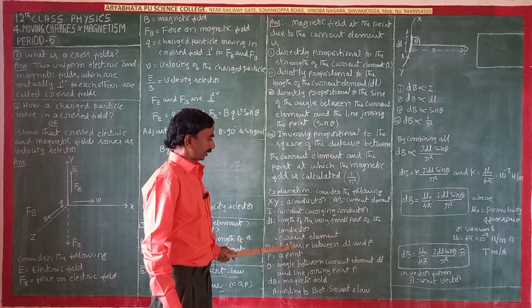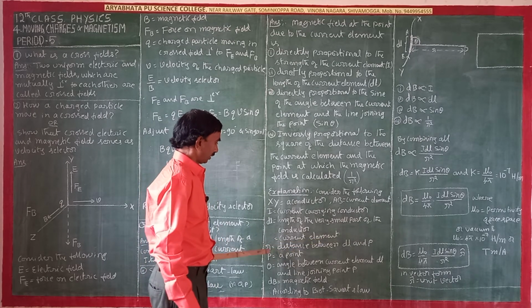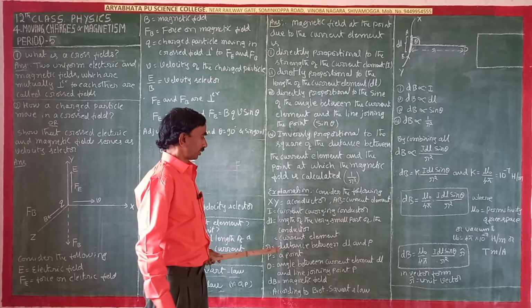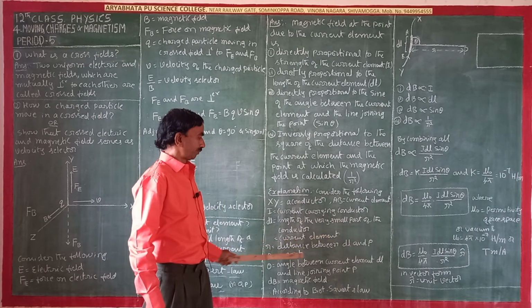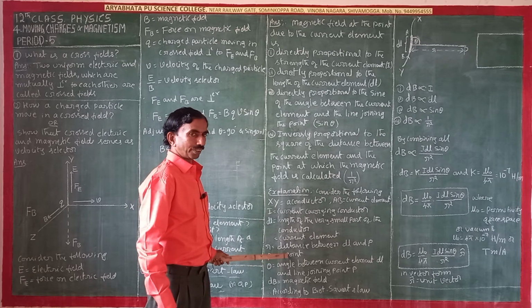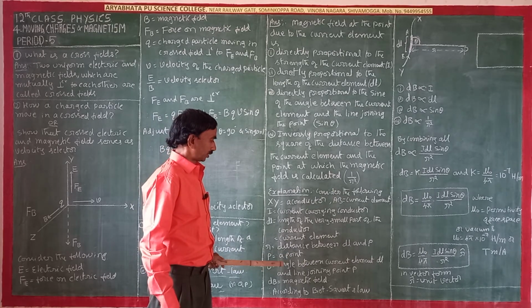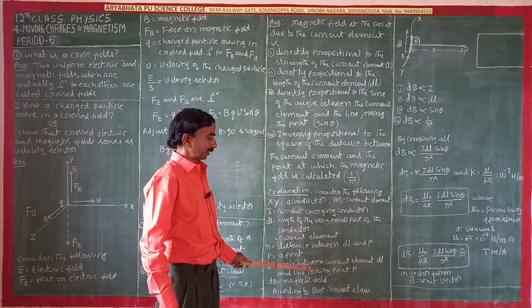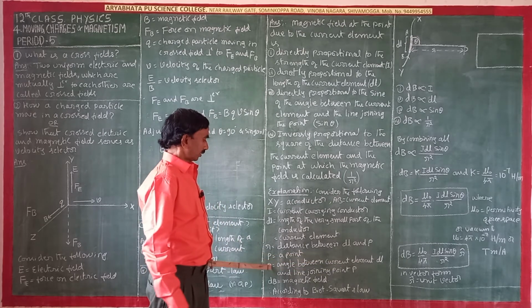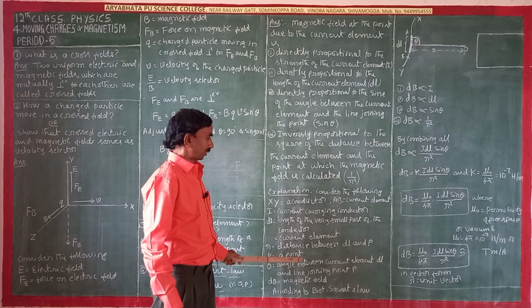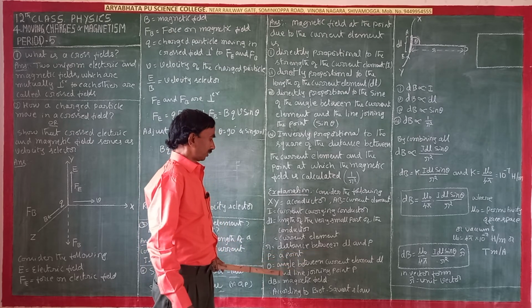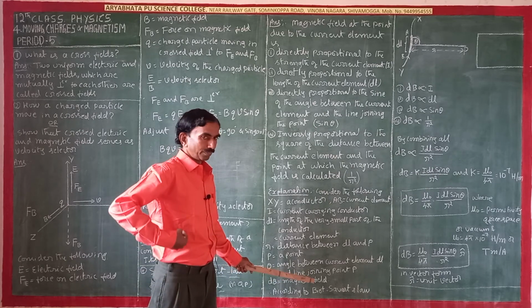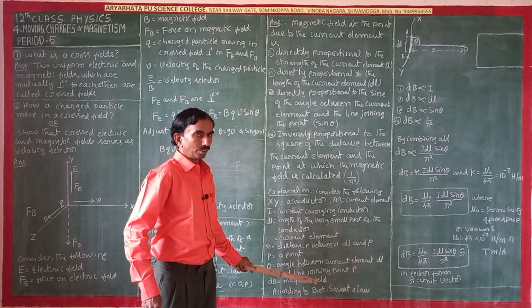R is equal to the distance between dl and P. P is equal to a point. Theta is equal to the angle between the current element dl and the line joining the point P. dB is equal to the magnetic field.